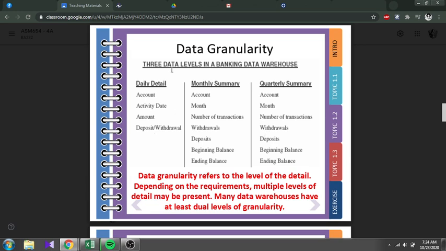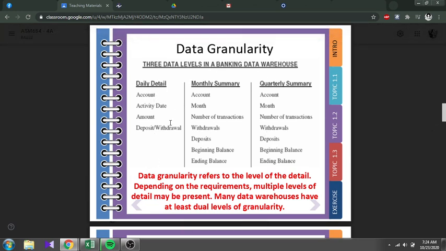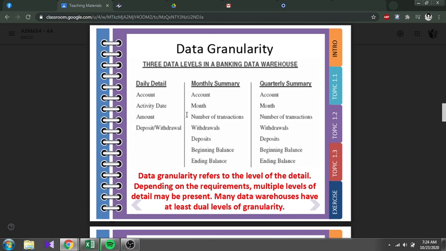Okay, kat sini maksudnya levels in banking of data warehouse, kita akan ada yang paling specific on the detail, daily detail, and then we can classify dia by monthly summary, and then quarterly summary, and paling besar sekali maybe yearly summary lah. Alright, so granularity ni on level lah, daripada sekecil-kecil level sampailah the big level.